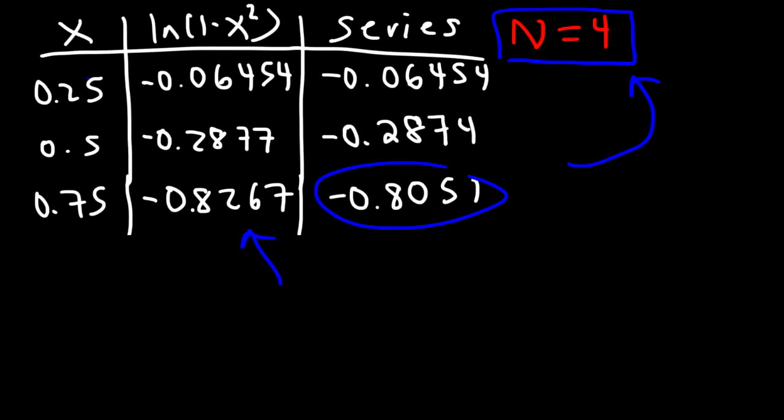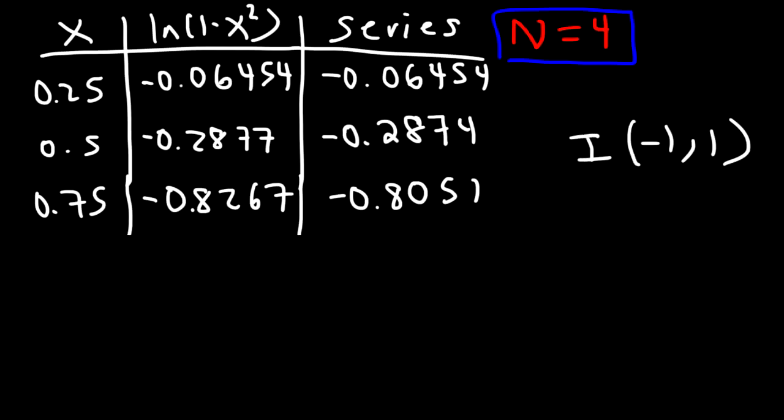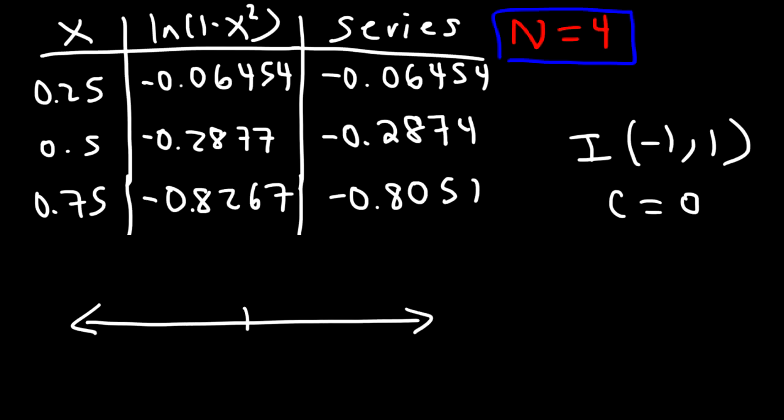But let's talk about the trend that we see here and why that's happening. Now, we said that the interval of convergence is -1 to 1. And it's centered at 0 because 0 is the midpoint between -1 and 1. So let's plot the interval of convergence on a number line.